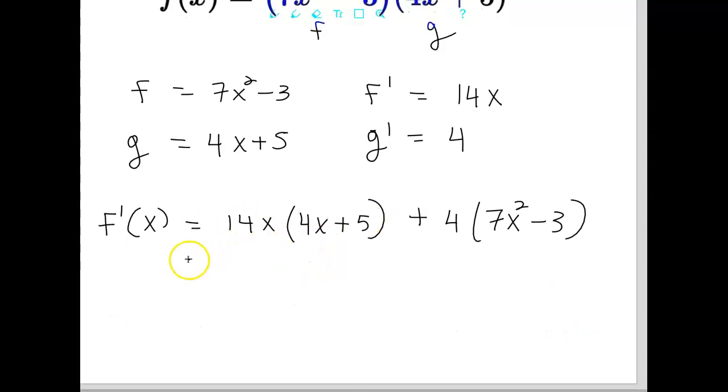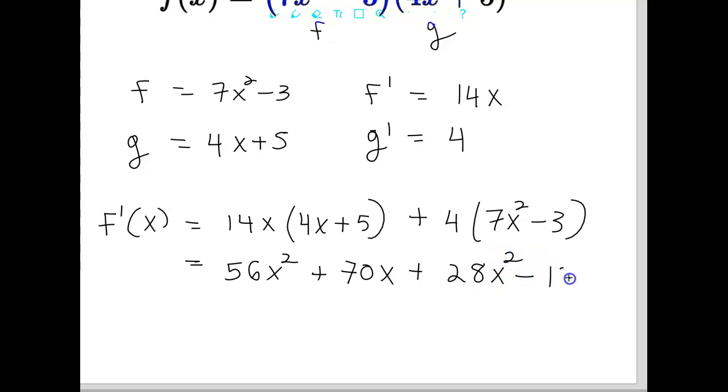And now we can just simplify by multiplication. So distribution here, 14x times 4x will give us what? 56x squared plus 70x plus this is going to be 28x squared minus 12.